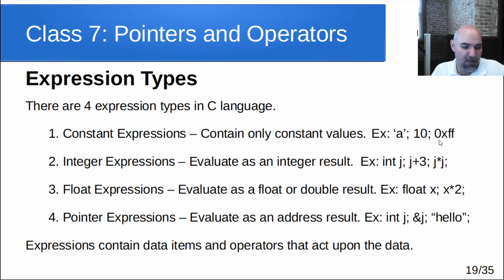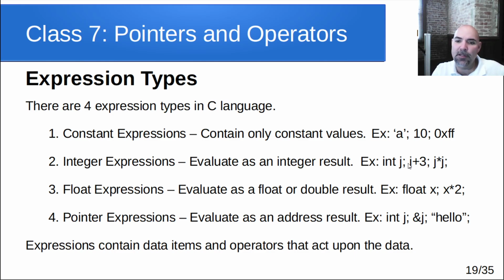One thing about constant expressions is the compiler will go ahead and compute those values ahead of time and give you the result of that constant expression in the code. So even if I were to say 10 times 5 and I wrote it that way in my code, the way it would get compiled is that those are all constants. The compiler will go ahead and compute 10 times 5 is 50, and it'll put 50 into your program for you.